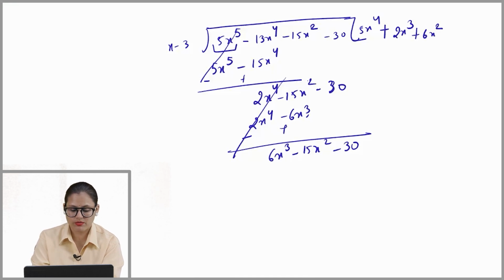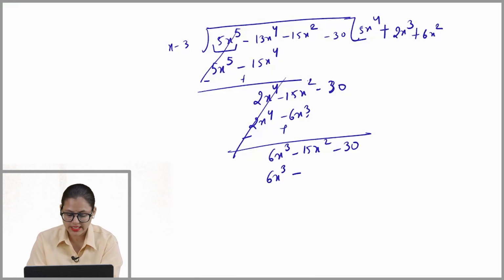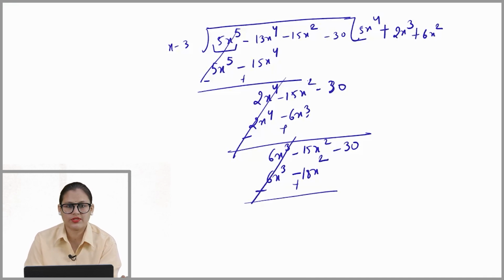We will multiply by 6x square. So, x into 6x square is 6x cube, minus 3 into 6 is 18x square, minus plus, 0. 18x square minus 15x square, 18 minus 15 is 3x square minus 30.